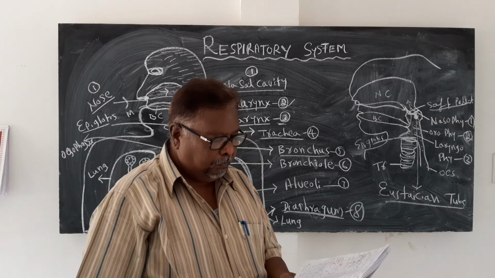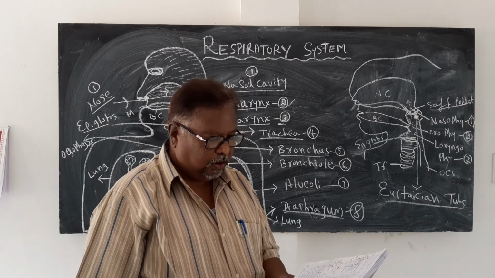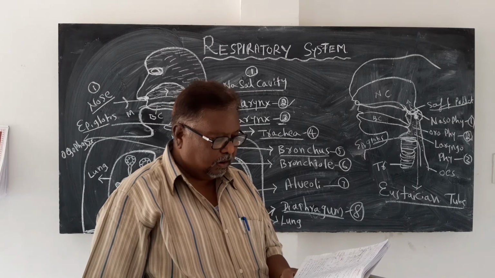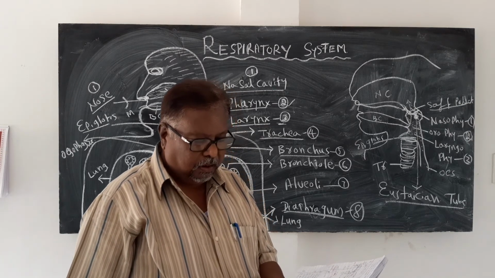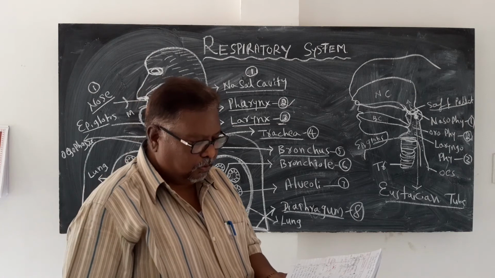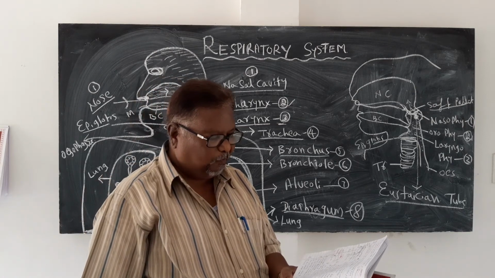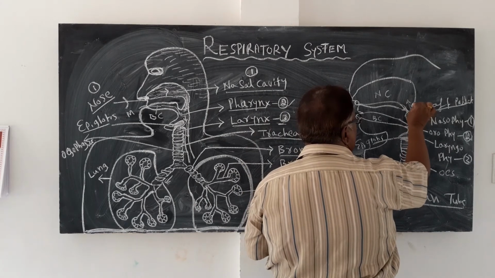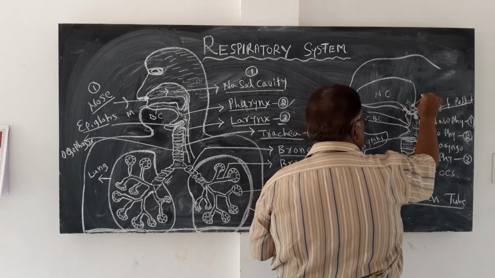At the superior portion of the nasopharynx, there are nasopharyngeal tonsils, which are a collection of lymphoid tissue. Here in the superior portion you can see the tonsils.